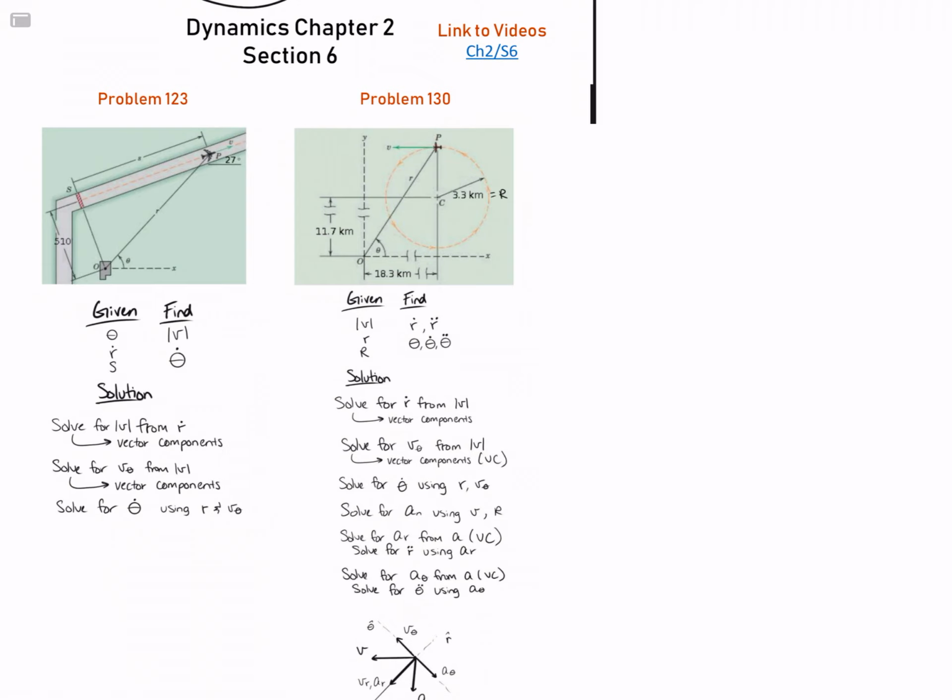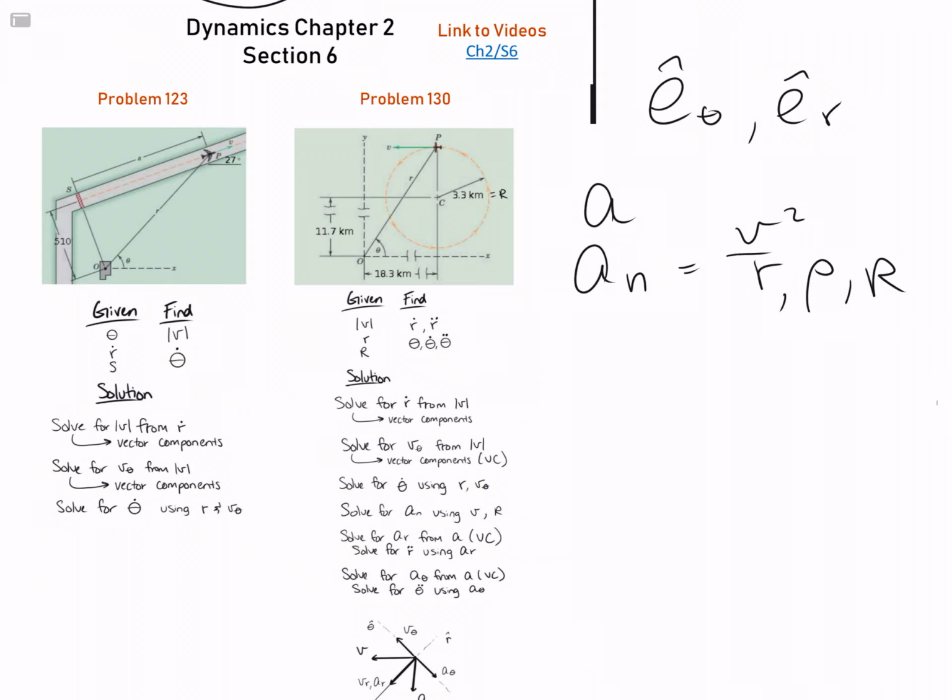In section 6, we're now looking at polar coordinates, which is e theta and e r. This is a new coordinate system that's pretty similar to what we were looking at before, but there are different equations for acceleration. So remember, a normal is v squared over r, or rho, or capital R, depending on what that value is.